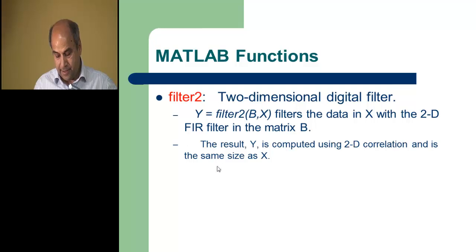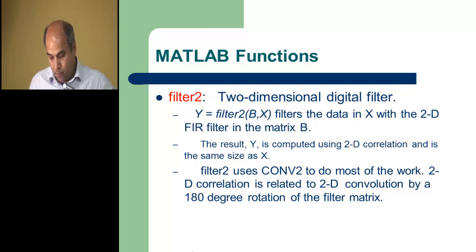The result is computed in Y. So this is the input matrix, this is your filter, and the result is here, and it uses correlation and returns the same size as X. You will use this most of the time. Also, as we talked about, there's a difference between convolution and correlation. That's why it talks about a 180 degree rotation.